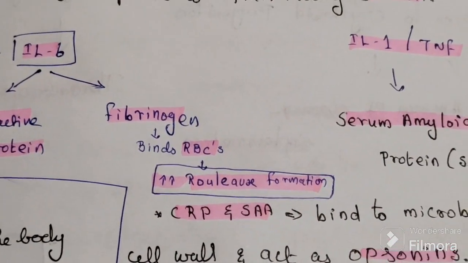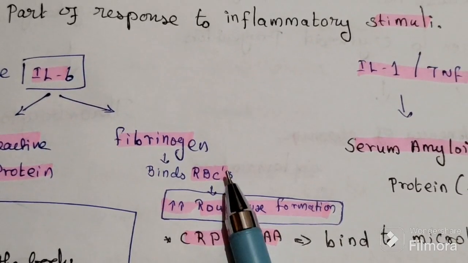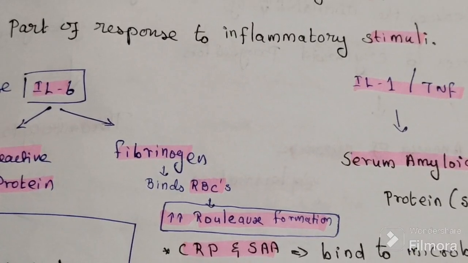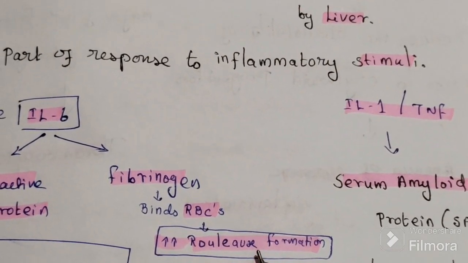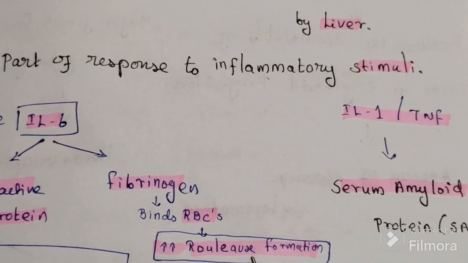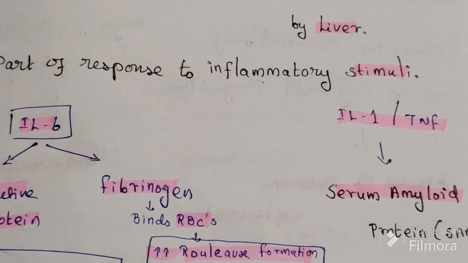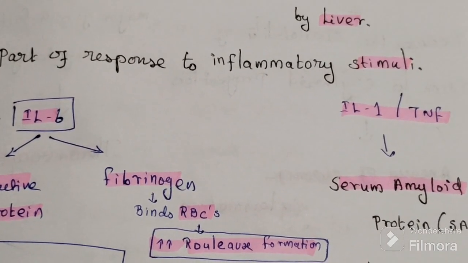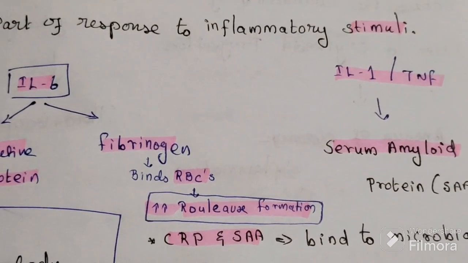What does fibrinogen do? Fibrinogen binds with RBC. Because of binding of fibrinogen to RBC, there is increased rouleaux formation, that is the stacking of RBC. So when you estimate the erythrocyte sedimentation rate, ESR increases.